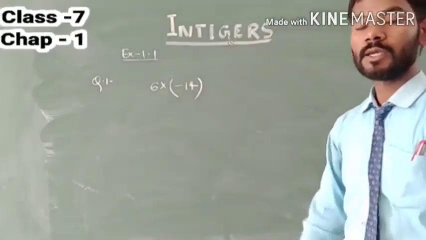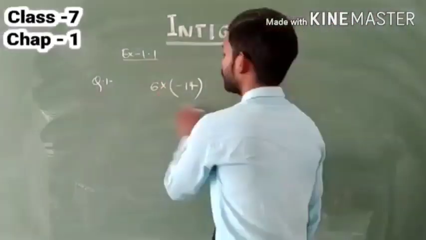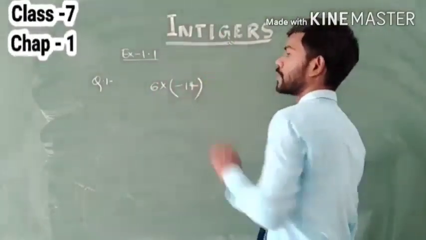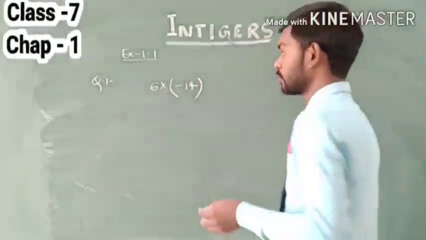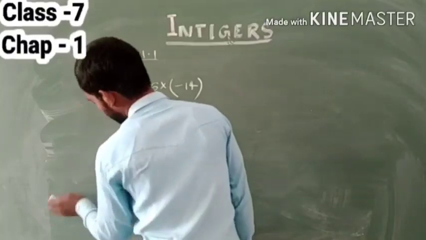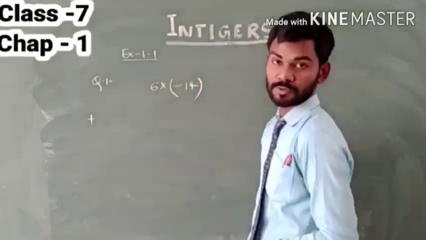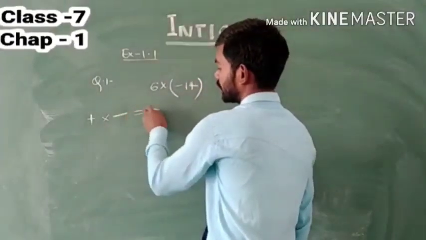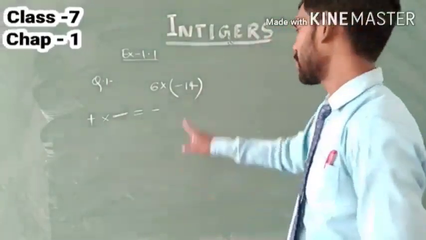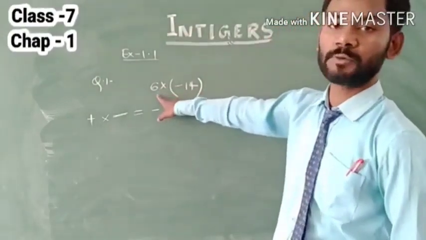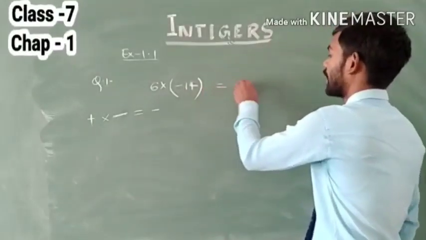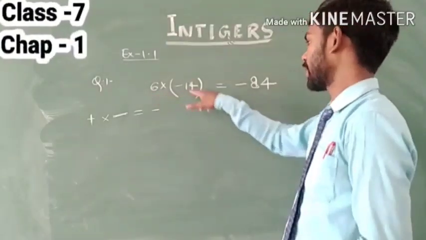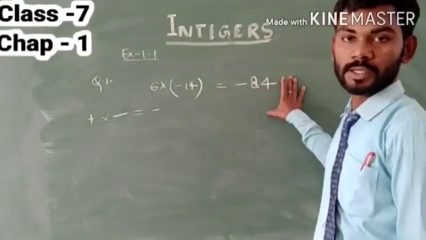When we remove the bracket, 6 is a positive integer and 14 is a negative integer. As I told you in the previous video, whenever a positive integer is multiplied with any negative integer, we always get a negative integer. Therefore, 6 multiplied by minus 14 is equal to minus 84.